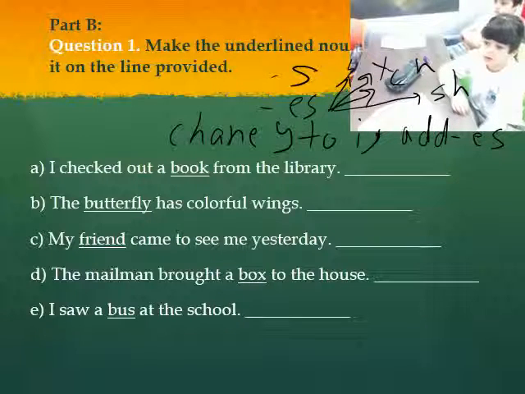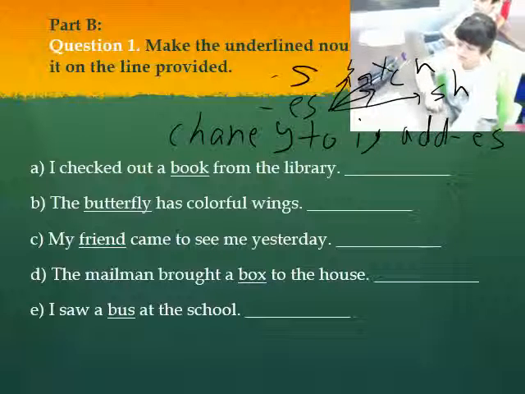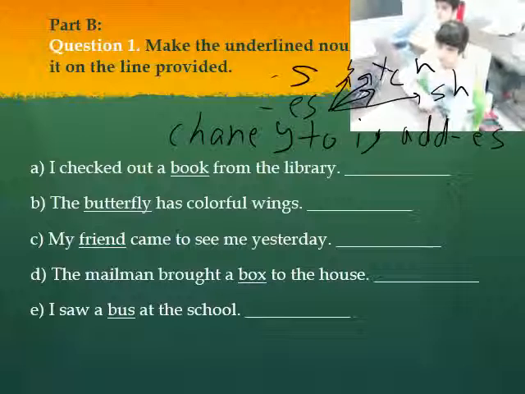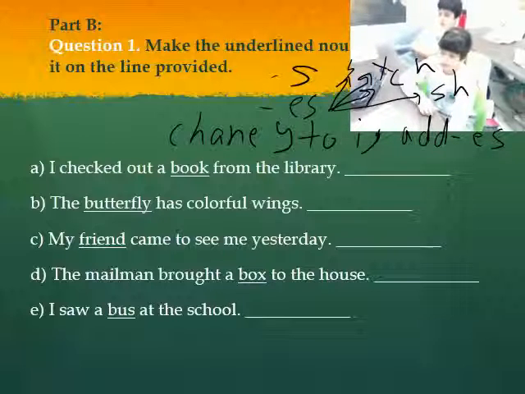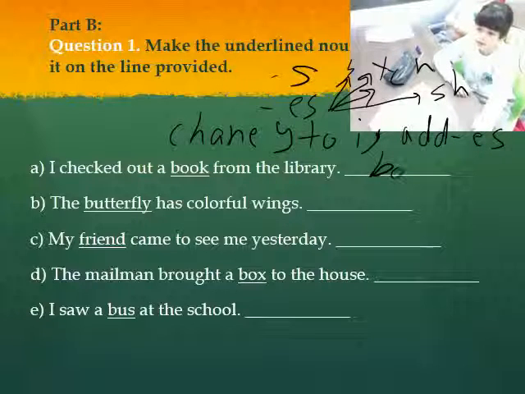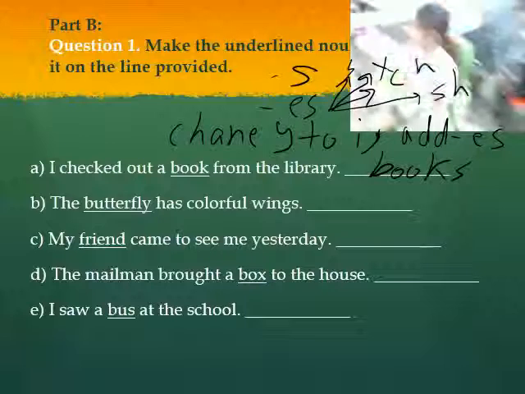We're not going to change library, only the underlined noun. Book. How do we change it to its plural form? S. Excellent. We add S. So it will be books.